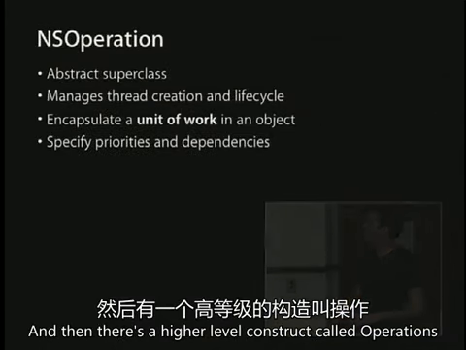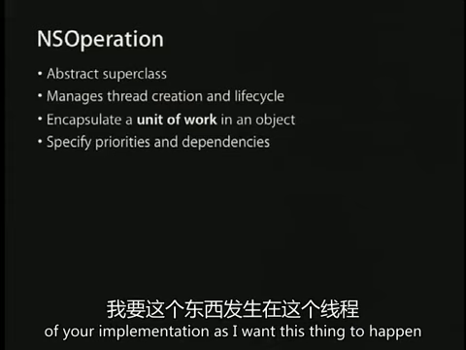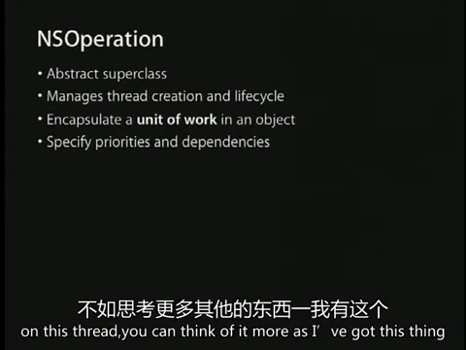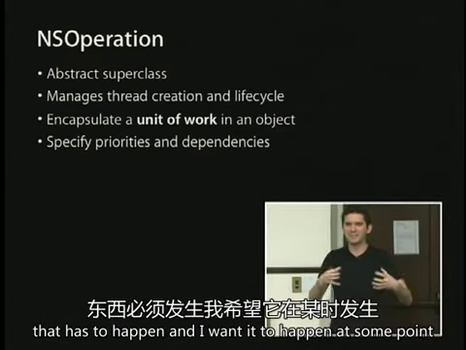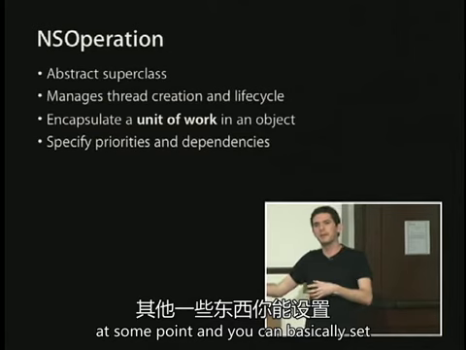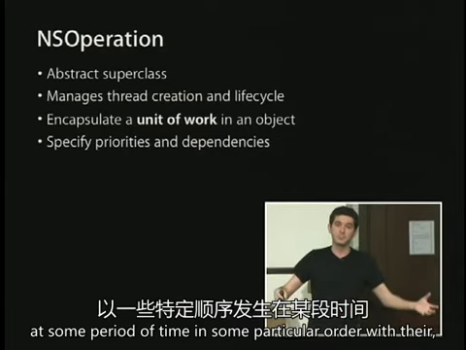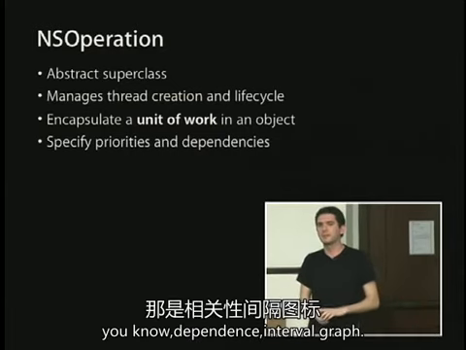And then there's a higher level construct called operations, which basically lets you, instead of thinking of your implementation as, I want this thing to happen on this thread, think of it more as, I've got this thing that has to happen, and I want it to happen at some point, and it depends on this other thing that has to happen at some point. You can set up a dependency graph of operations that have to occur in some particular order with their dependencies.